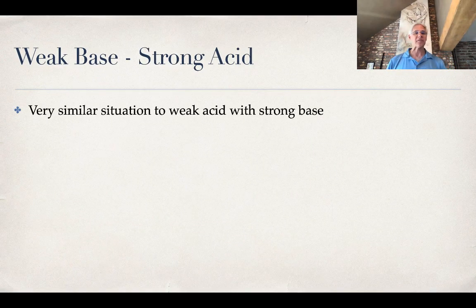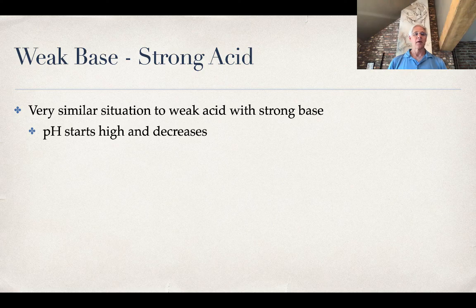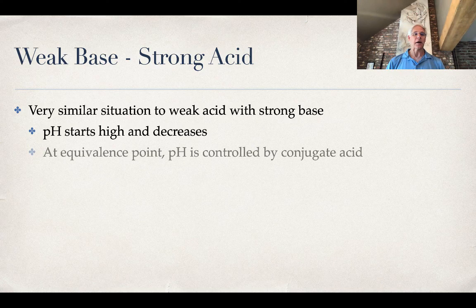Now, if we have a weak base and strong acid, it's a very similar situation to weak acid, strong base. Of course, in this case, since we're starting with a base and adding an acid, the pH is going to start very high. And then as we add the acid, the pH will decrease as we neutralize some of the base. At the equivalence point here, the pH is going to be controlled by the conjugate acid, the strength of that conjugate acid from the weak base.